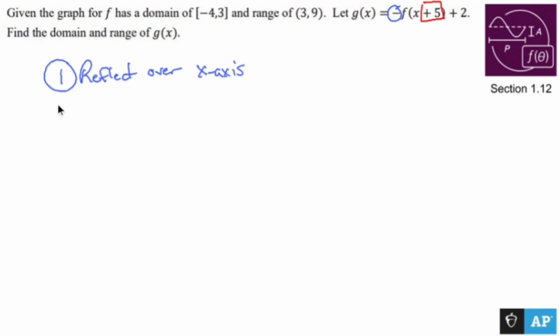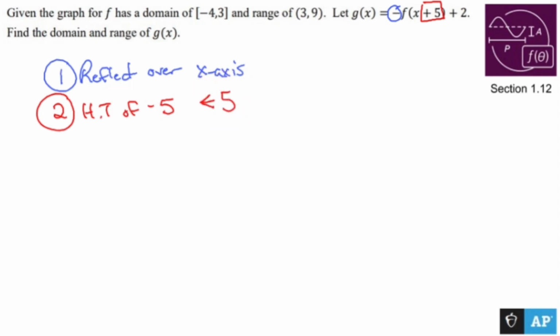That means I have a horizontal translation of -5. Remember, whatever you're doing inside the f of x, you do the opposite. So a horizontal translation of -5, I'll write out HT of -5, is the same as me moving left 5.